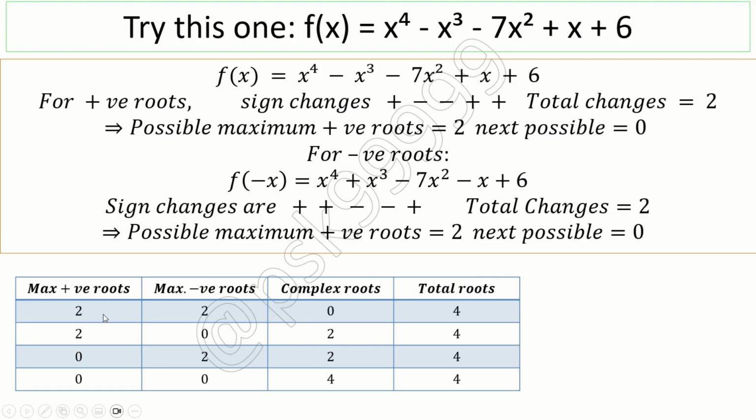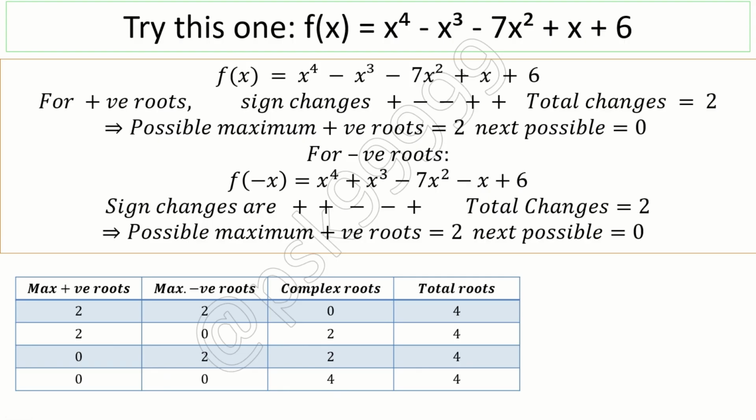Either 2 positive real roots and 2 negative real roots, and the total is 4 because this is order 4. Or 2 positive real roots and 2 complex roots, total 4. Or 0 positive real roots, 2 negative real roots, 2 complex roots, total 4. Or no real roots and only complex roots. All these possibilities are there for this polynomial.